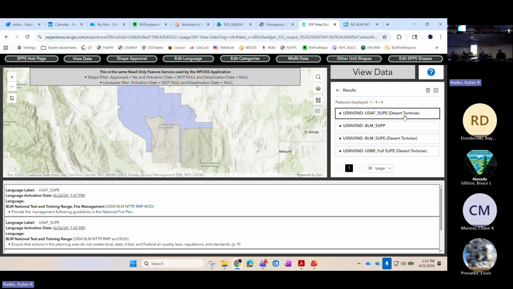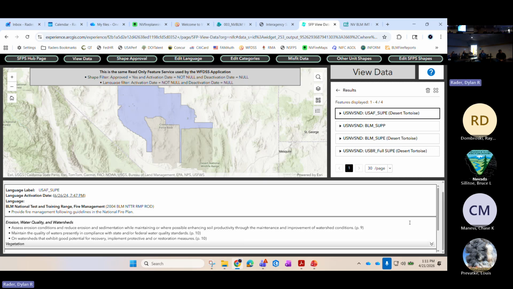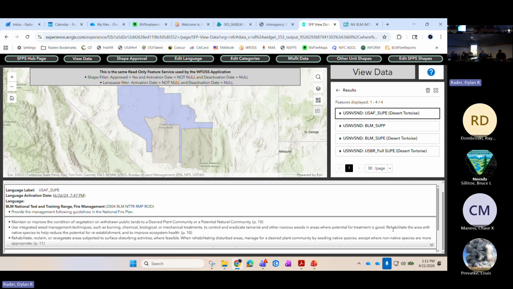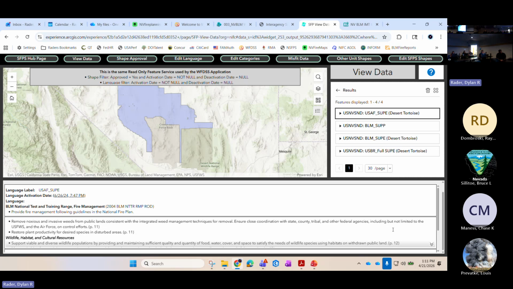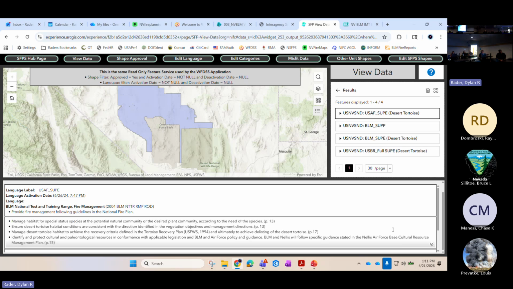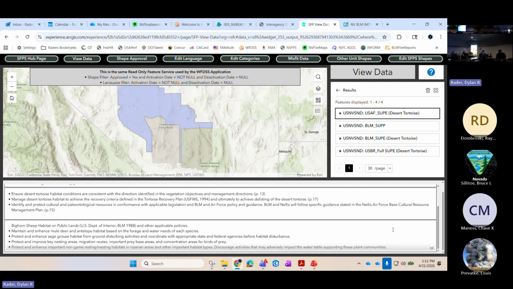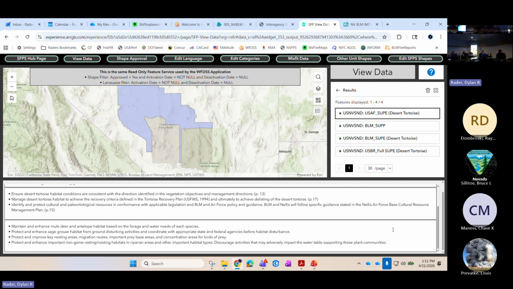So this one is just talking about things to keep in mind, objectives. Let's see here. Provide fire management following guidelines in the National Fire Plan. Provide fire suppression efforts commensurate with resource and adjacent property values at risk. I'm just going to go through this quickly.